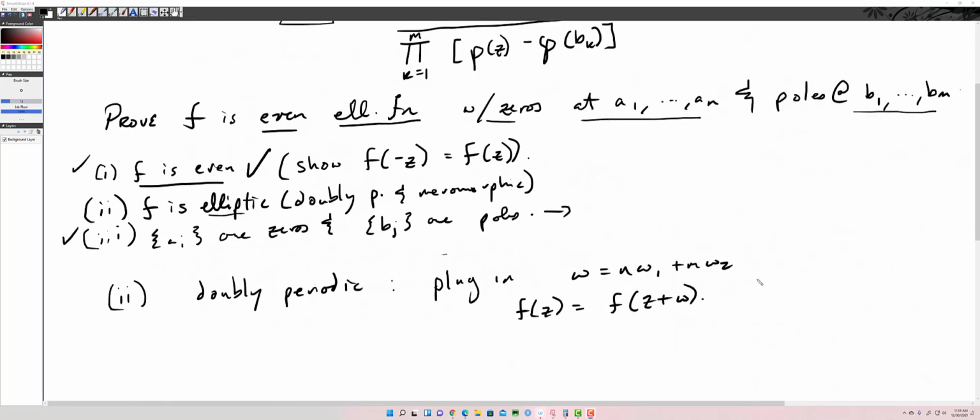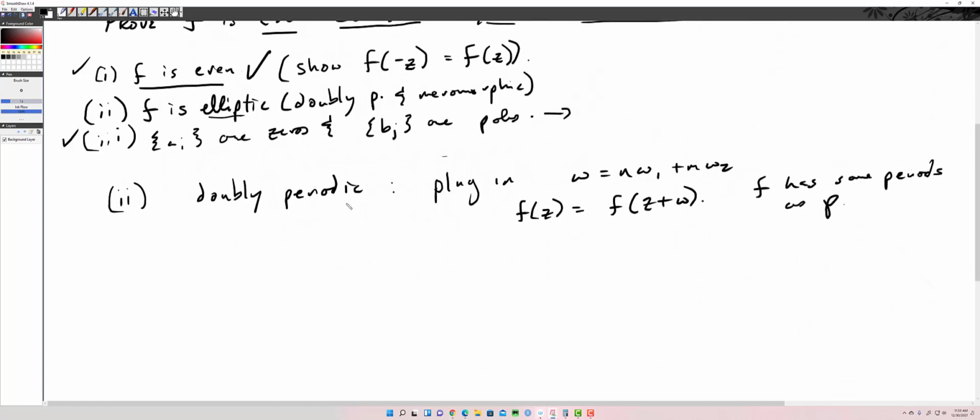So in fact, f has the same periods as p. And the only thing left is that f is analytic except for the poles.